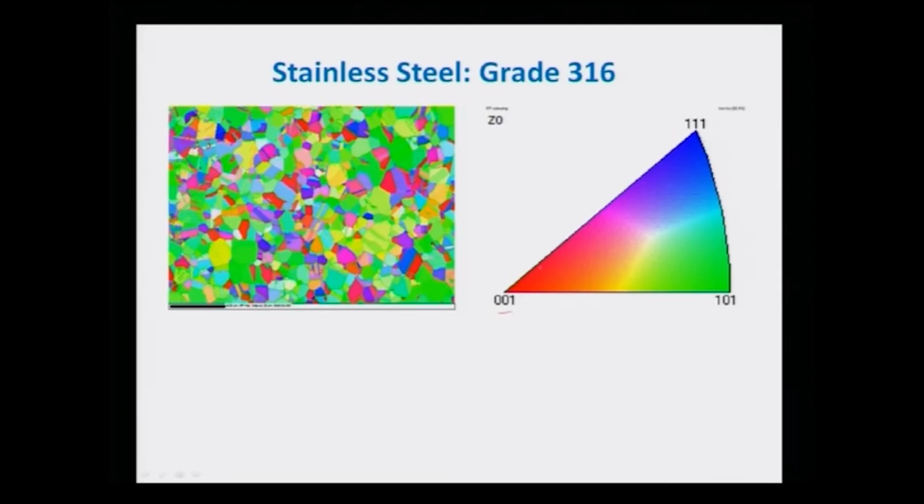Here you can see that the red color grains have orientation close to 001, but they are not very large in number. A large number of grains are actually green color, which have 101 type orientation. So, predominantly the grains have 101 orientations in this crystal, and the presence of grains of 111 orientation is very little, and even the grains of 001 orientation are a little higher than the 111 orientation, but still it is predominantly 101 type orientation present in the grains.